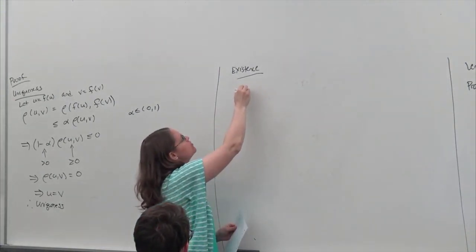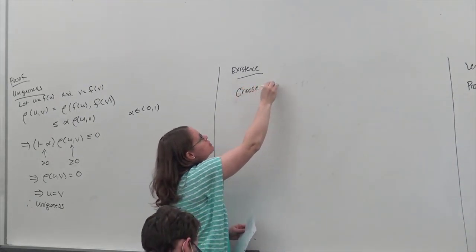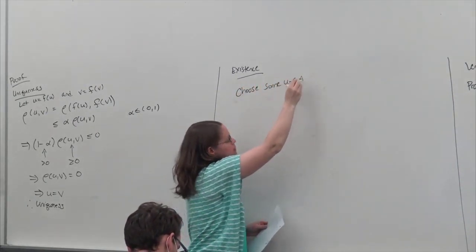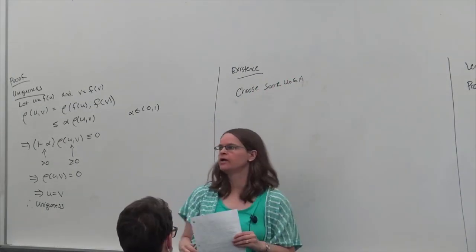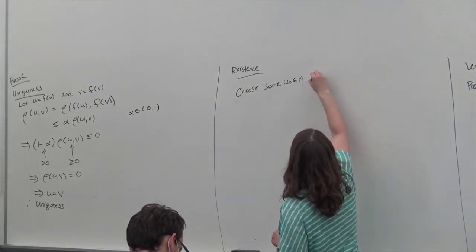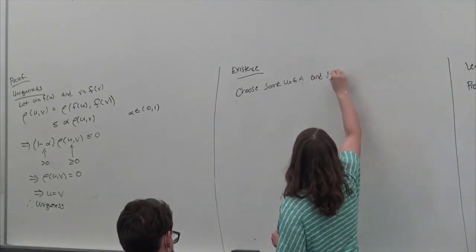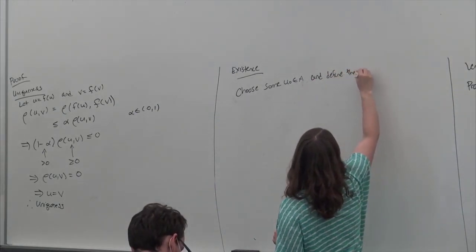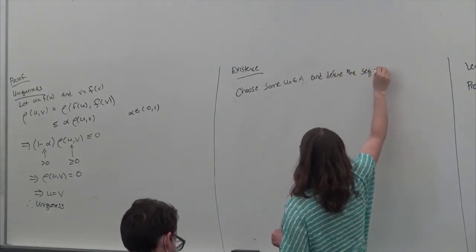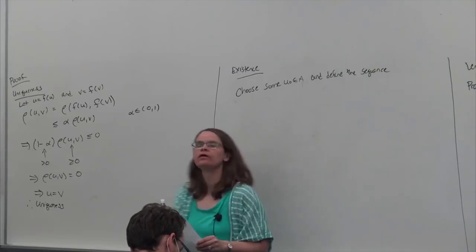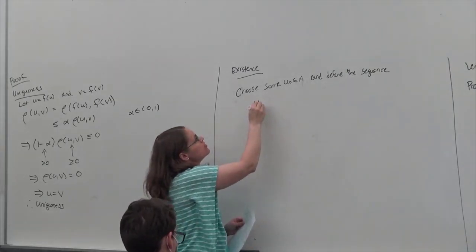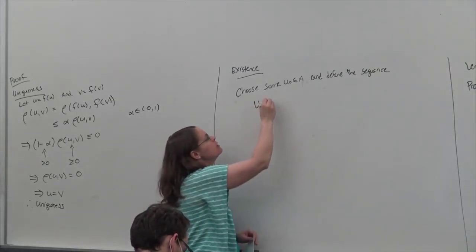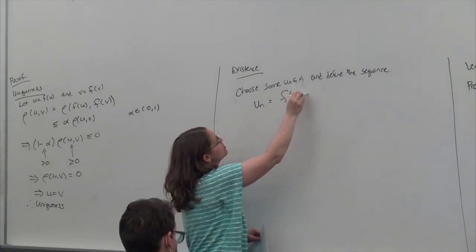Let's choose a starting value. Okay, and we define a sequence. Okay, so to get the next value in my sequence, I plug my previous value into my function.